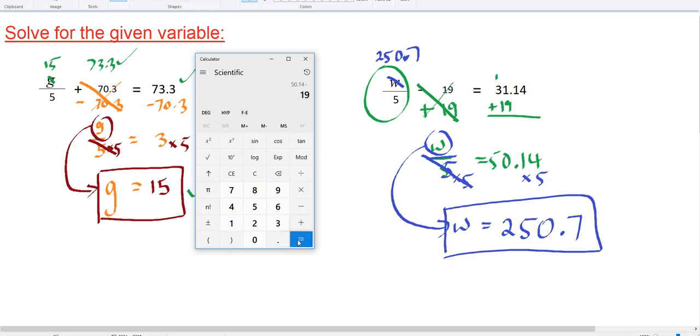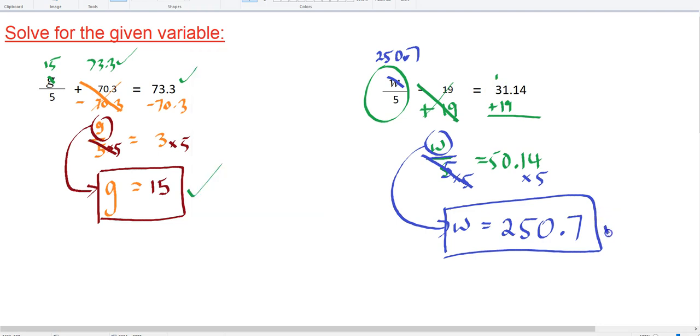Now when I push the equals button, the answer should be 31.14. So let's push that equals button. 31.14, right, so it is the same, and so this must be correct.